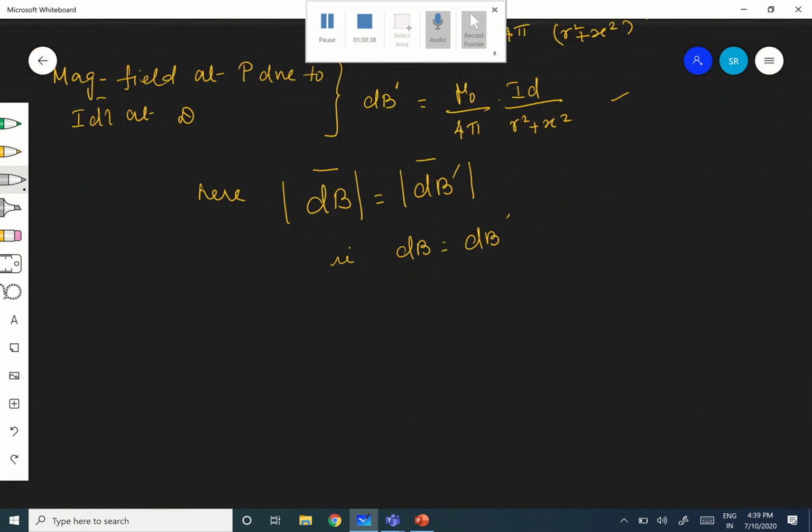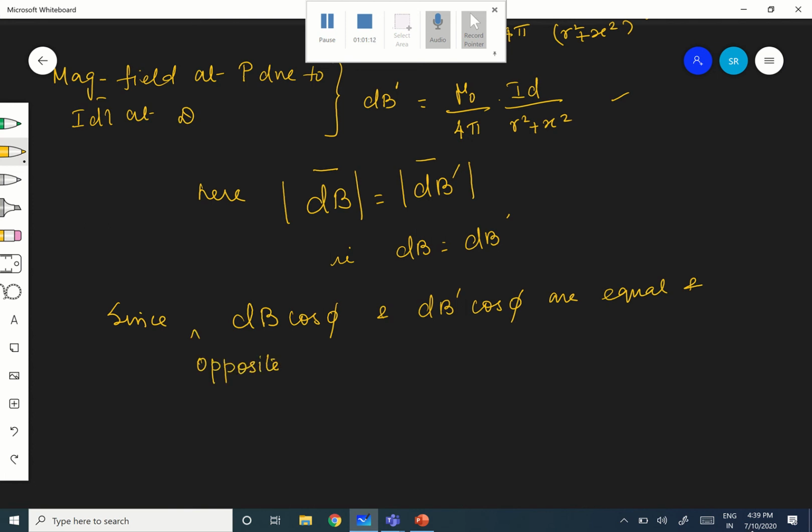Let me write, since dB cos phi and dB dash cos phi, therefore both are equal and opposite.